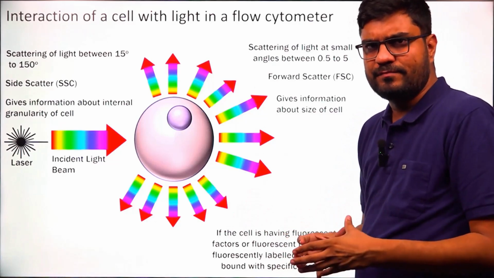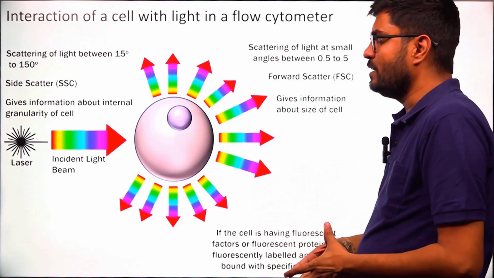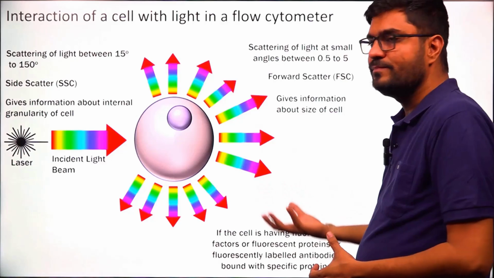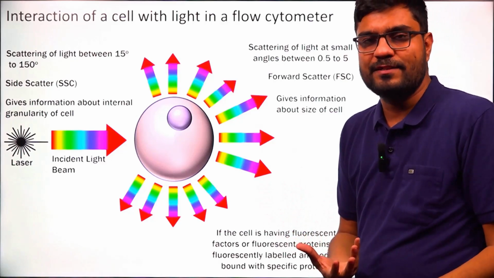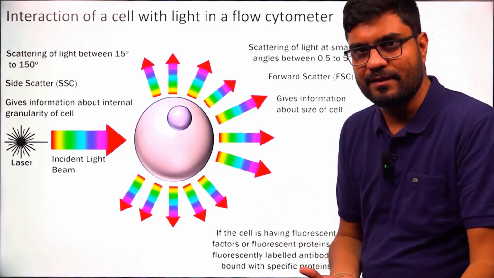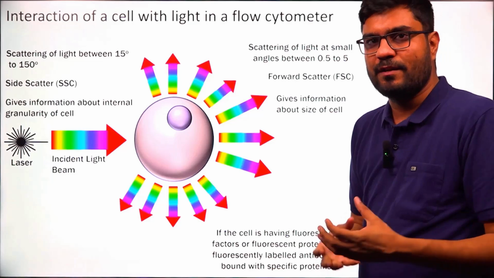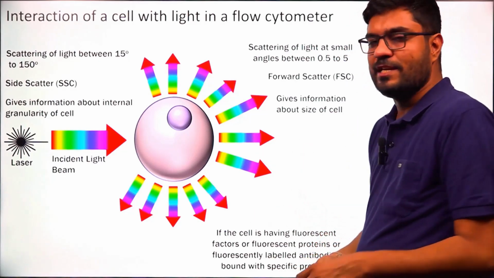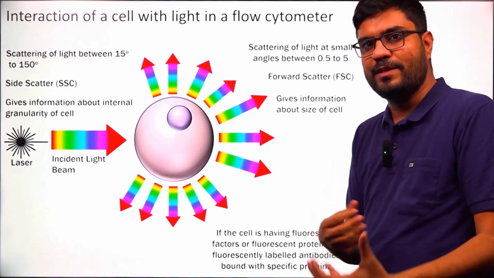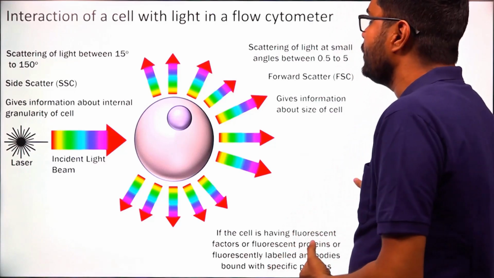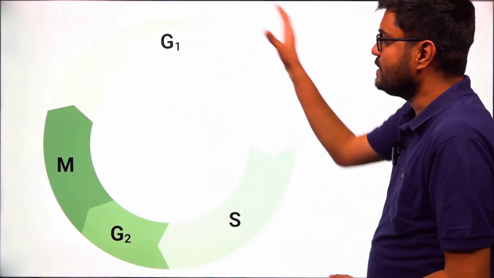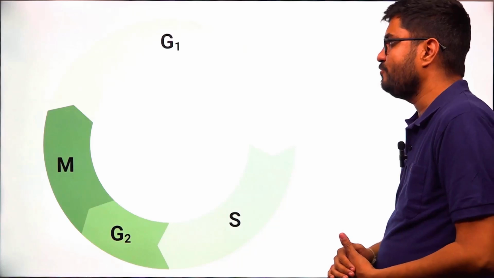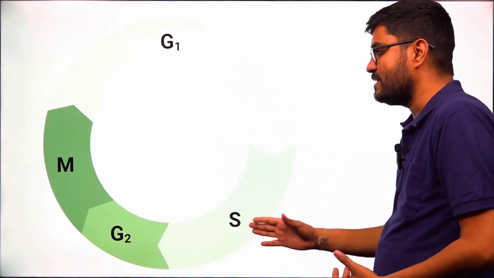We can see how the flow cytometer is giving us information about cell cycle, how many cells are in G1, how many cells are in S, or how many cells are in G2. So this is our cell cycle divided into phases of G1, S, G2, and M.